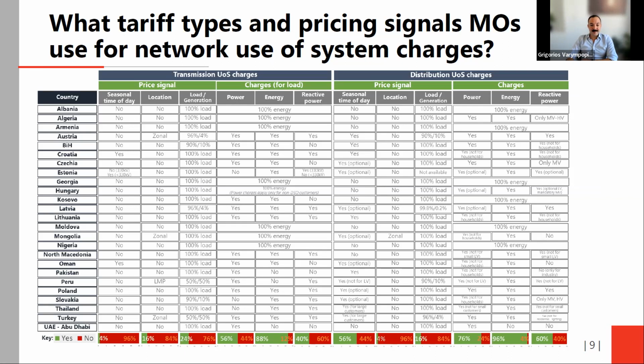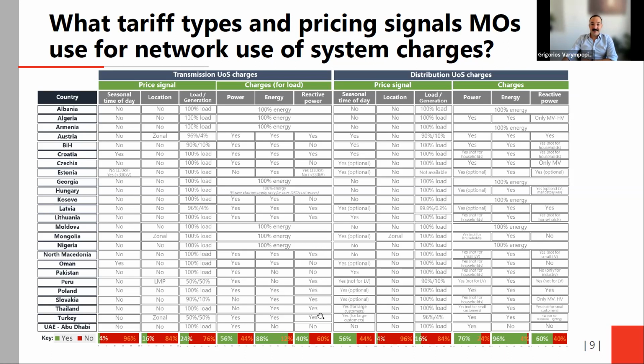What is the reason for that? Typically, it's because it's simpler to have an energy charge, both for consumers and for the utilities to manage in an administrative manner. And for the meters that are being installed, almost all support energy measurements.